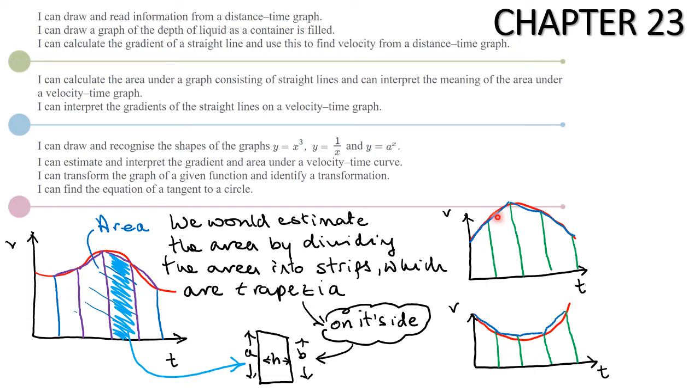In the top graph, my estimate when I work out these areas would be an underestimate, because can you see the tops of the trapeziums are below the actual graph line? So when I estimate my area, my estimate is an underestimate.